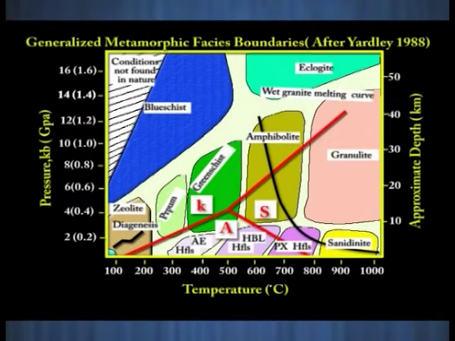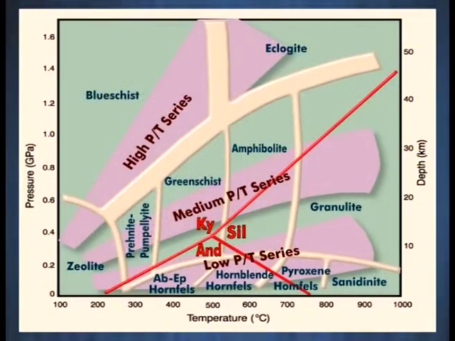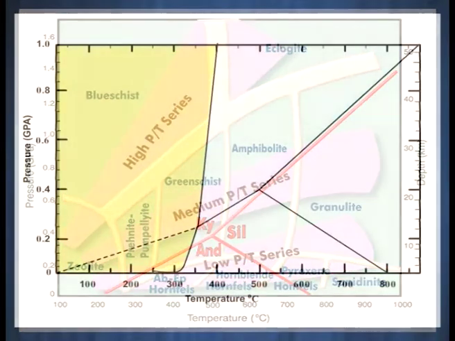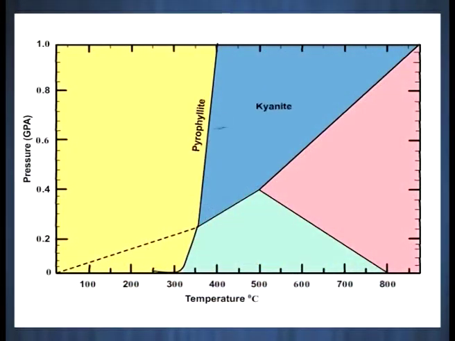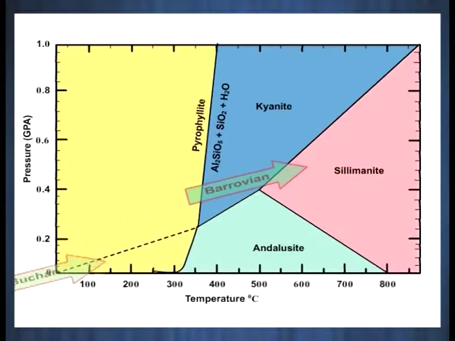First, a zeolite, prehnite, pumpellyite, blueschist, eclogite type. Second, a typical Barrovian type characterized by kyanite to sillimanite type. And third, an Abukuma type of greenschist to amphibolite granulite characterized by the paragenesis of andalusite sillimanite type.